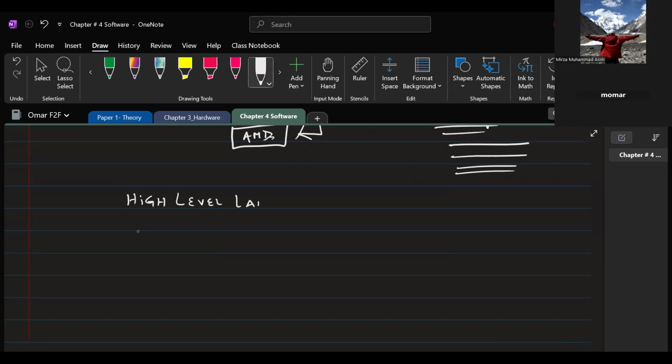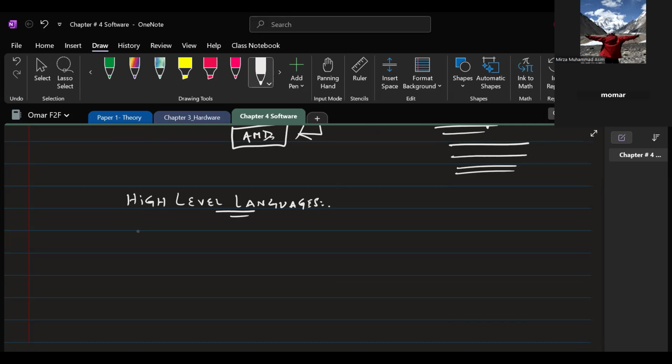High level languages. As I said, with the passage of time, there are and there will be developments in computer technology, right? So high level language, they started thinking to upgrade assembly language into high level language, which should be very close to English.